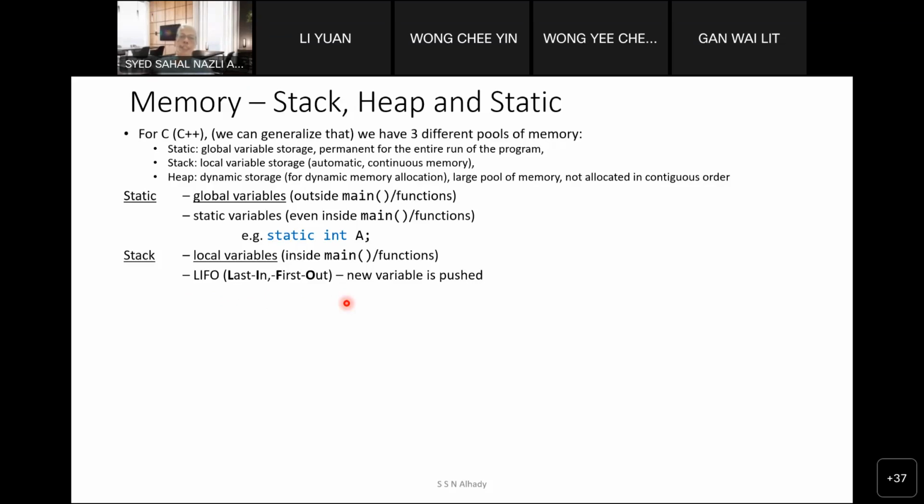But if you are going to do it physically in assembly language, this is the way to use the stack. Last in, first out: the last variable that is pushed is the one that goes out first.